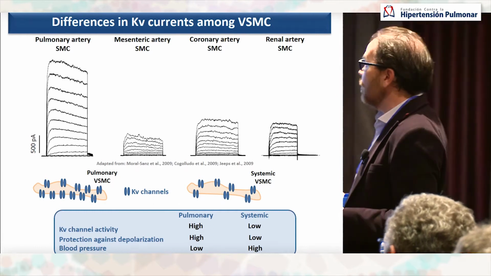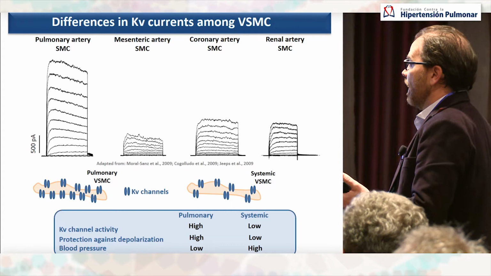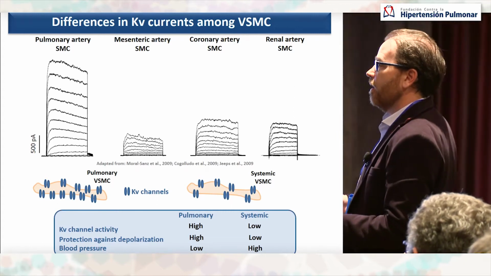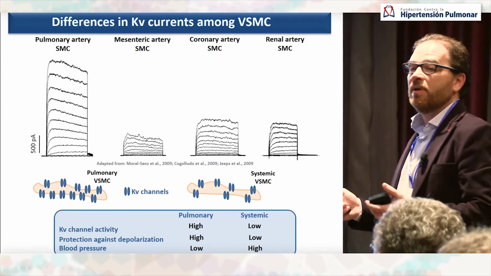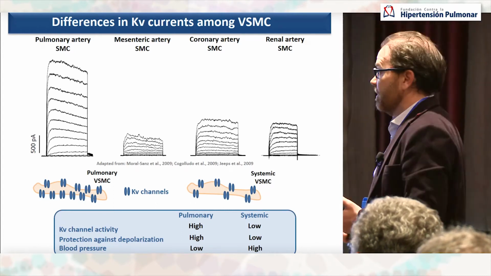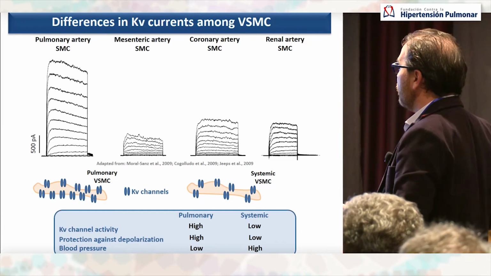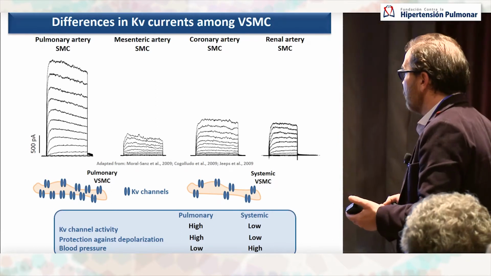We don't know, but as I have mentioned previously, the Kv channel activity prevents an excessive depolarization. So this may be a protective mechanism that the pulmonary artery smooth muscle cells have in comparison with smooth muscle cells from systemic vessels.